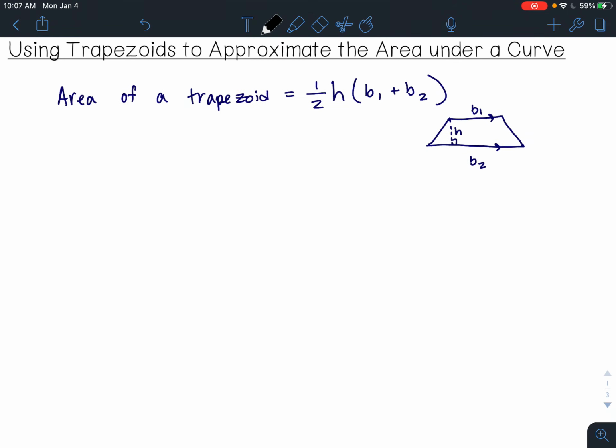So we're going to go back to the same function that we were evaluating in our Riemann sum video. So let's go back to that function. We're going to go back to finding the area under the curve, or I guess I should say approximate the area under the curve.